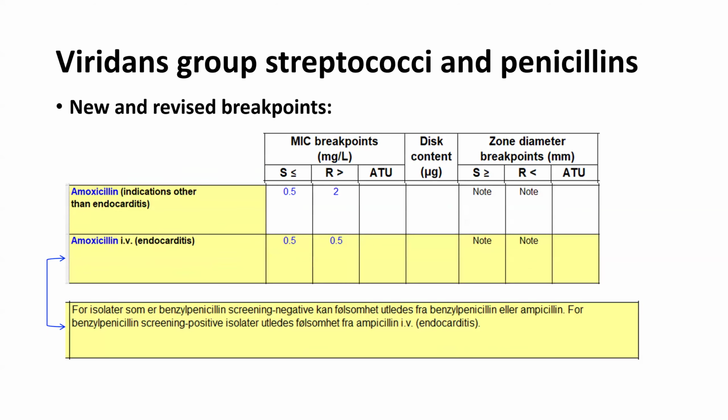When it comes to amoxicillin, here also there's a separate row now for endocarditis, where it's only amoxicillin intravenous, which we again might omit since we don't use it next year. And also a new comment that says if you have the benzyl penicillin screening negative, you can just use it to infer the amoxicillin, but if it's positive, then you have to test for the amoxicillin.